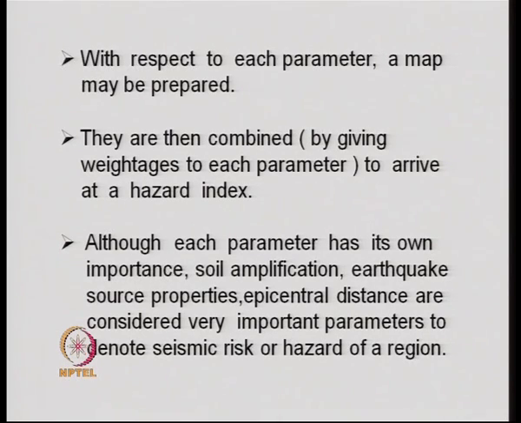So, for each sub area, one can calculate a hazard index by giving weightages to each of these parameters. Although each parameter has its own importance, soil amplification, earthquake source properties, and epicentral distance are considered very important parameters to denote seismic risk or hazard of a particular region.